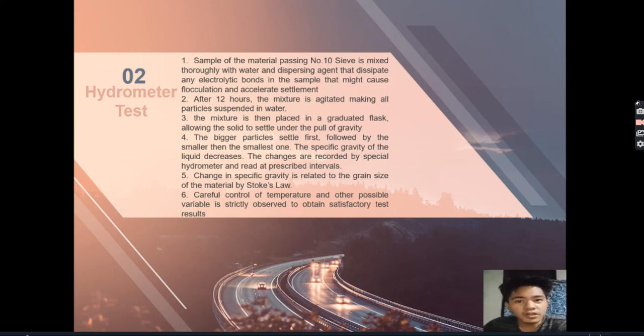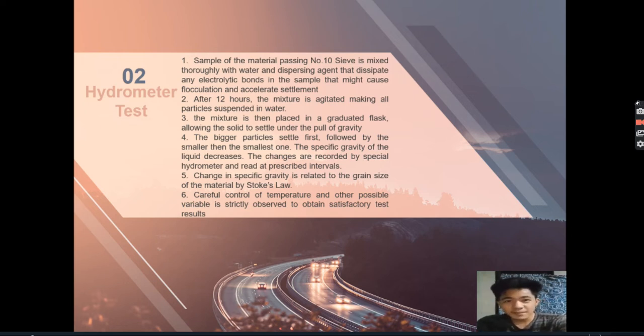The bigger particles settle first, followed by the smaller, then the smallest ones. The specific gravity of the liquid decreases. The changes are recorded by a special hydrometer and read at prescribed intervals. Next is number 5.